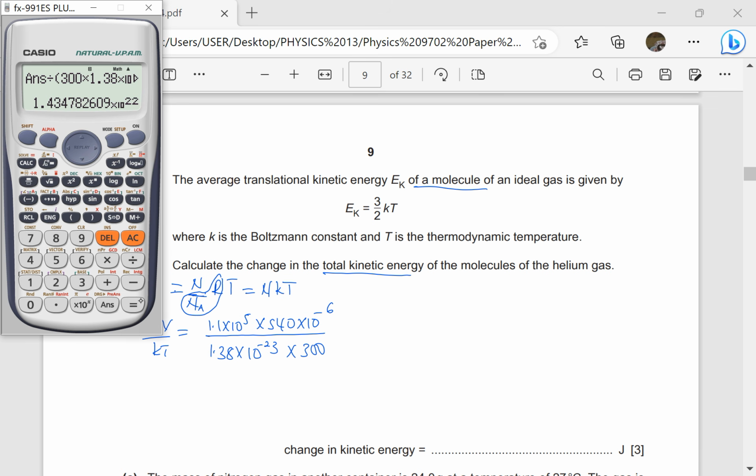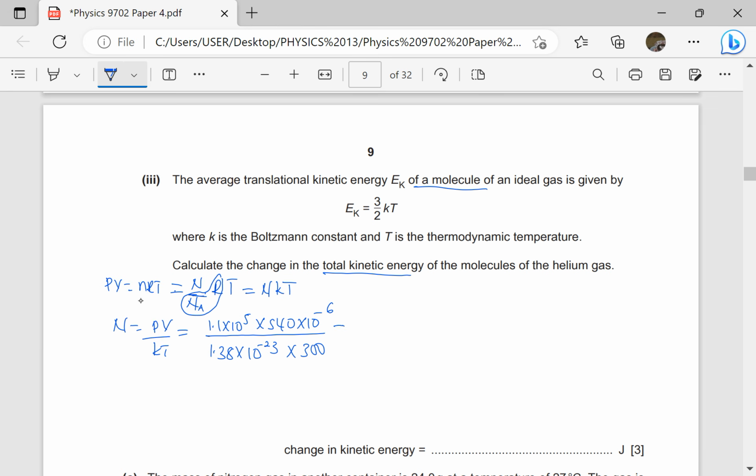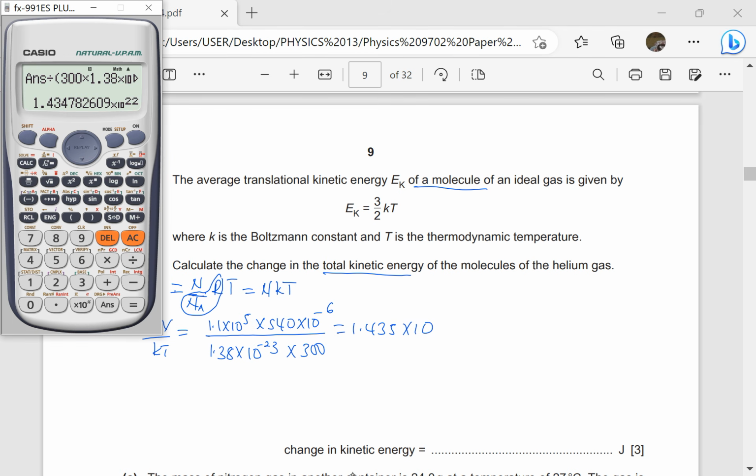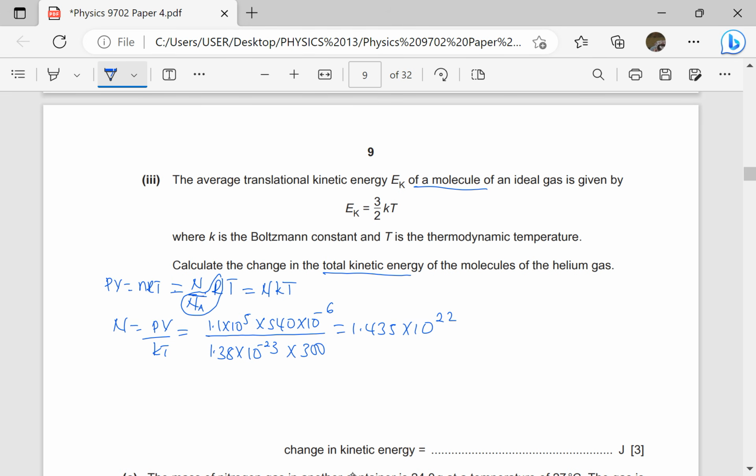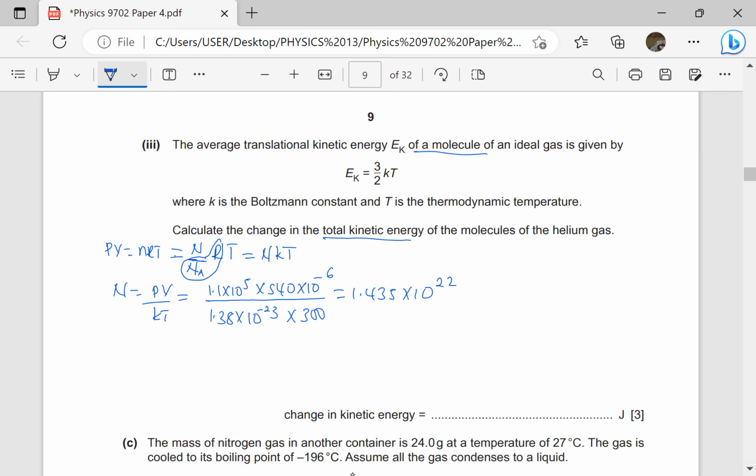This is 1.435 times 10 power 22. So that is the number of molecules. So the change in kinetic energy of all these molecules is going to be the kinetic energy.